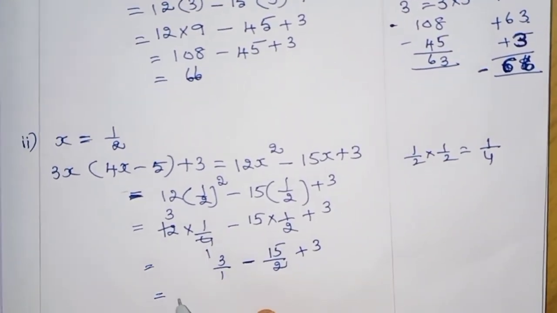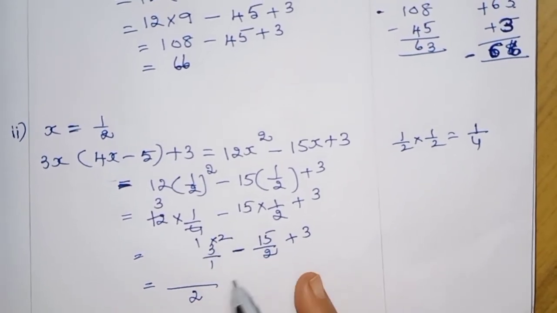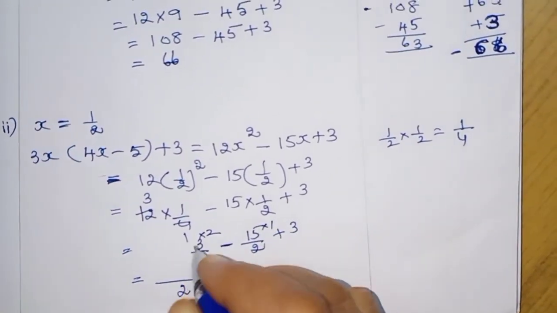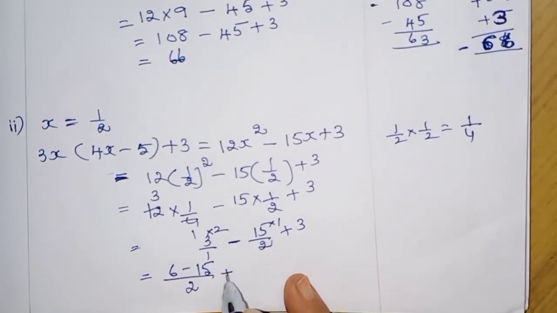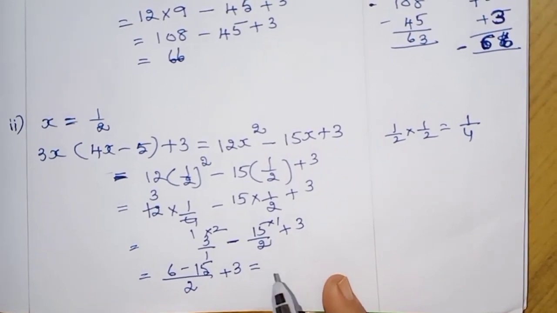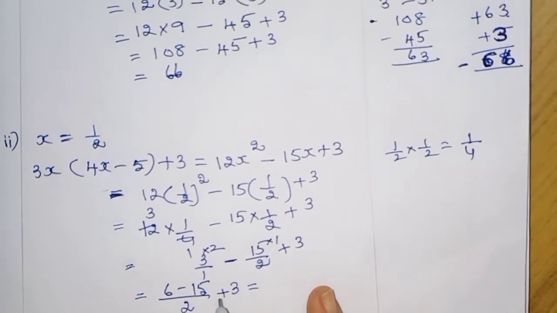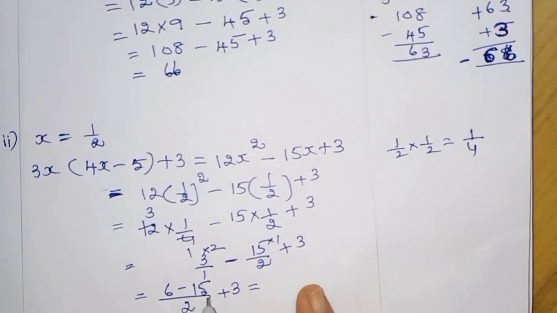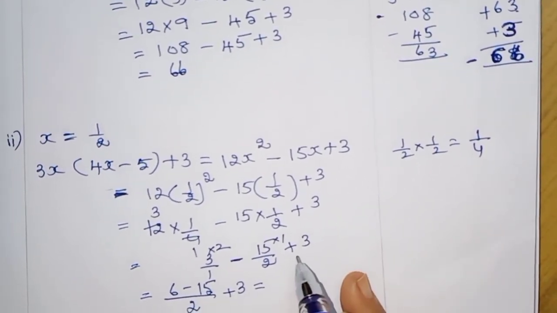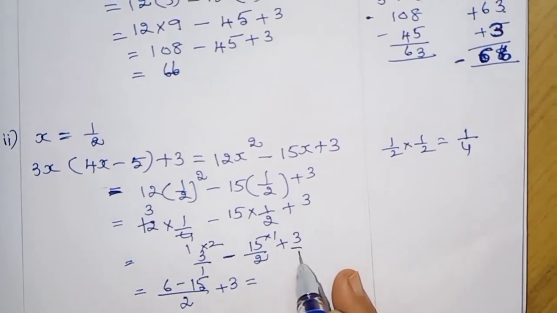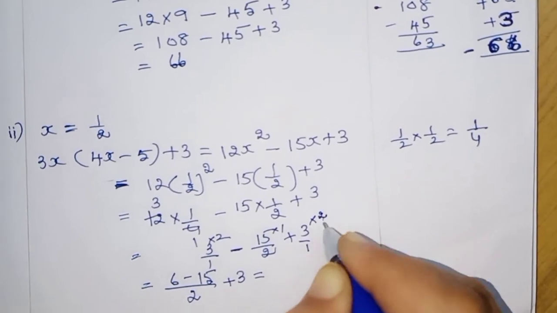Now what is the LCM? 2 is the LCM. So 1 will go into 2 two times, 2 will go into 2 one time. 3 twos are 6 minus 15 plus 3. What is 6 minus 15? 6 minus 15 is minus 9. And this also we have to do: where nothing is there, imagine that 1 is there. 1 will go into 2 two times, so 3 twos are 6.